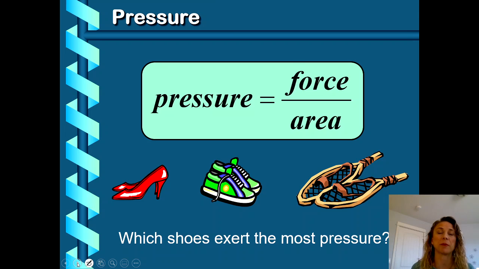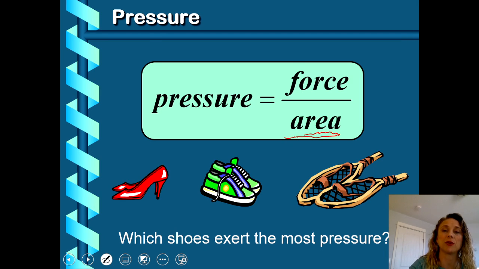Some of the pressure measurements could be pounds per square inch, PSI. And we're saying it's a force per area. So if you increase the amount of area, then you're going to get a smaller number. It's going to be a smaller fraction, right? If you decrease the surface area, then the pressure is going to be bigger.